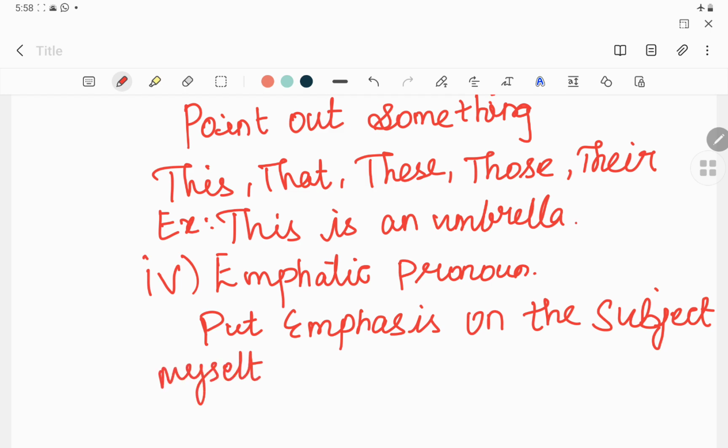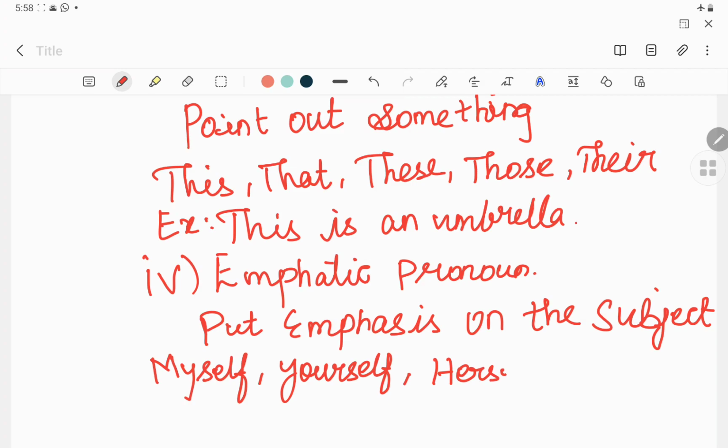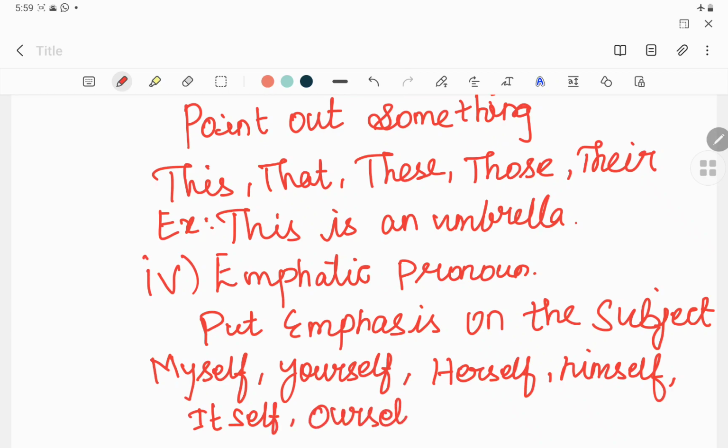So emphatic pronouns end with self. Okay, so what are they? Myself, yourself, herself, himself, itself, ourselves, and themselves.